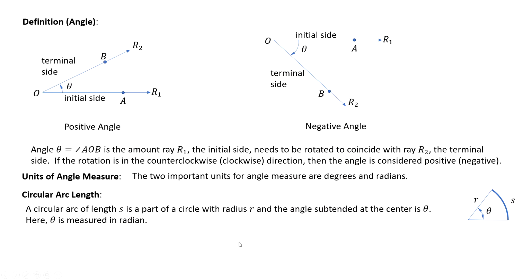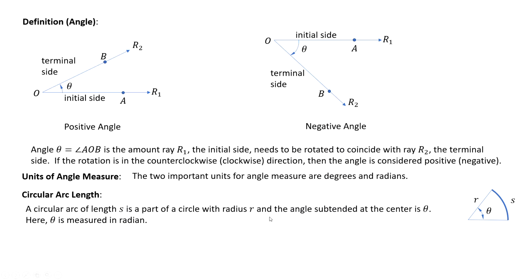Cool. What now? A circular arc of length s is a part of a circle with radius r, and angle subtended at the center is theta. Here theta is measured in radian. Let's say we measure this in that unit called radian.